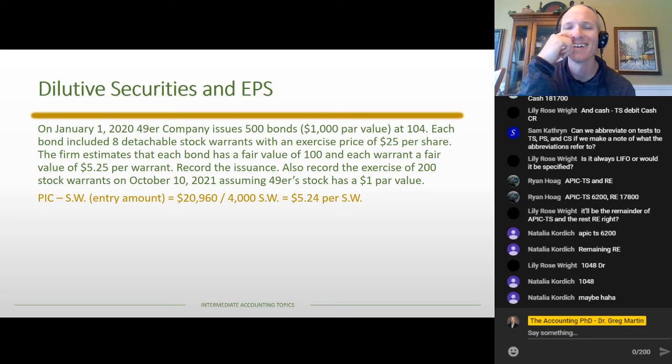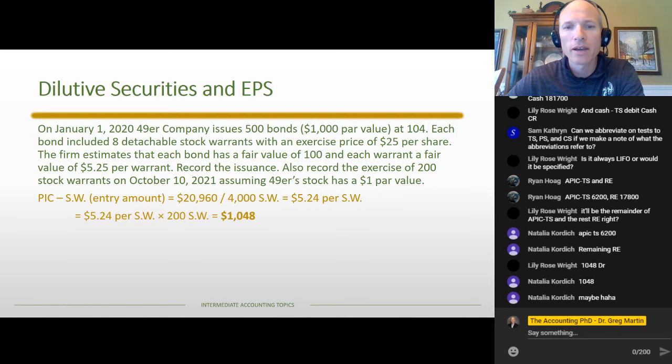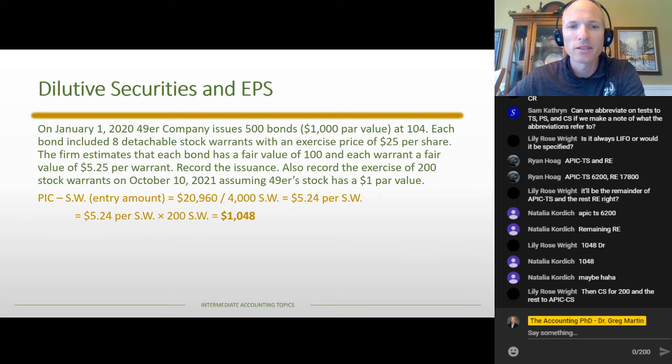Maybe. Fair enough. All right, so 1,048 is correct. Then common stock for 200, and the rest to APIC common stock.